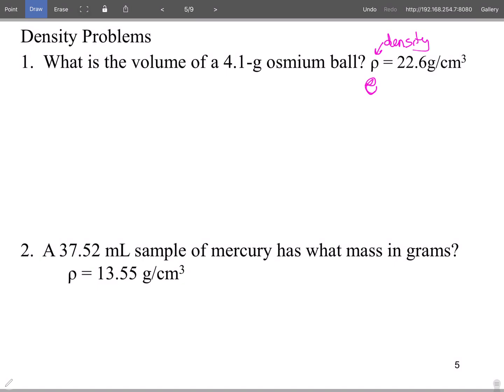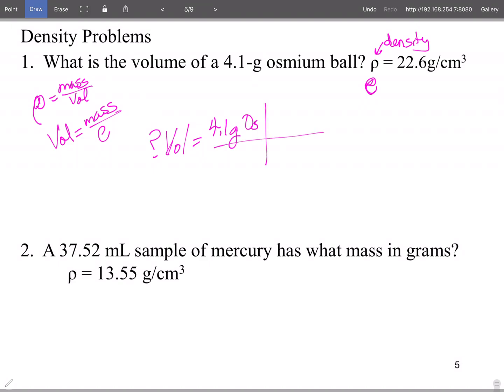So we know that volume is equal to mass over, actually, I just reversed that. I'm going to erase that. Density, which is our rho, is equal to mass over volume. So our volume is going to be equal to mass divided by density. You can do it that way, but the way I like to do it is I start with what I'm looking for. I'm looking for my volume, and I always start with the amount I'm given, which is 4.18 grams of osmium.